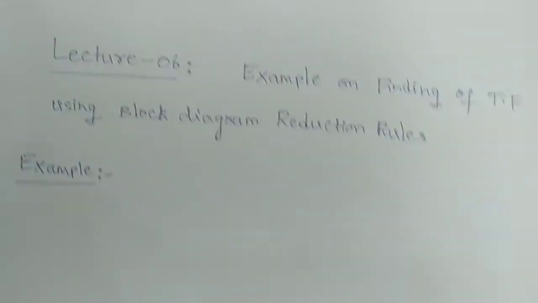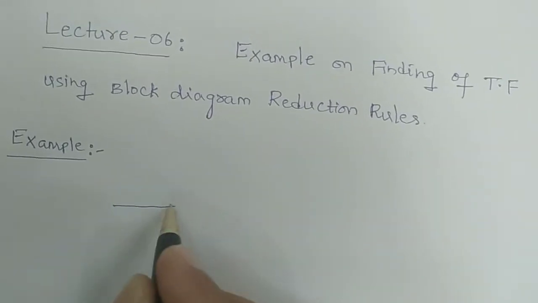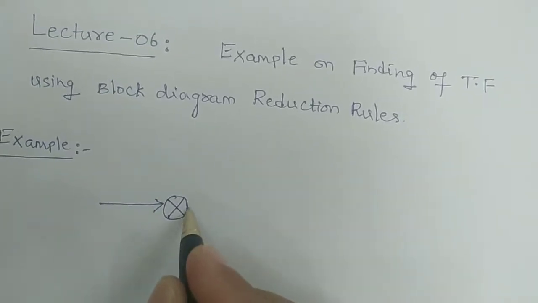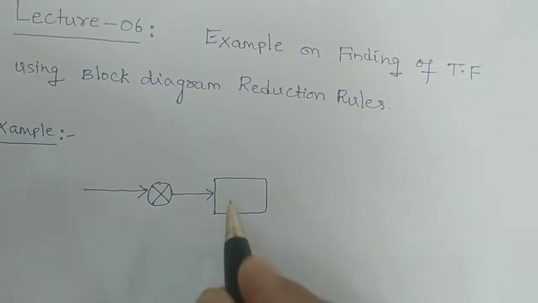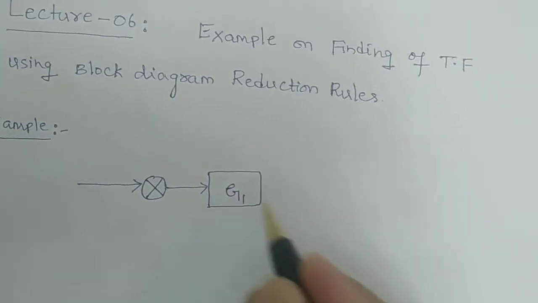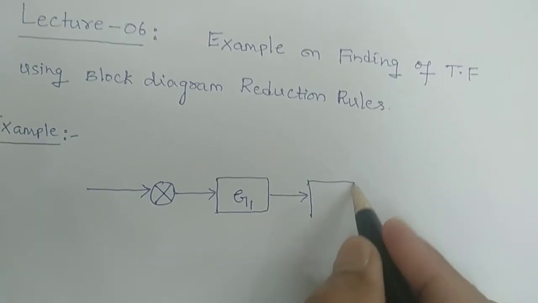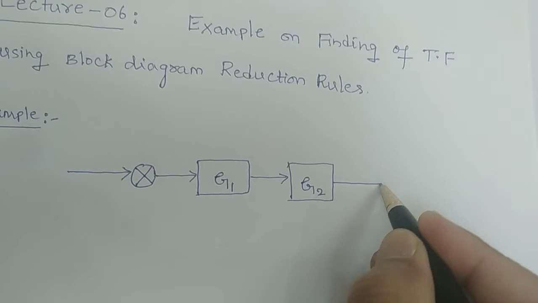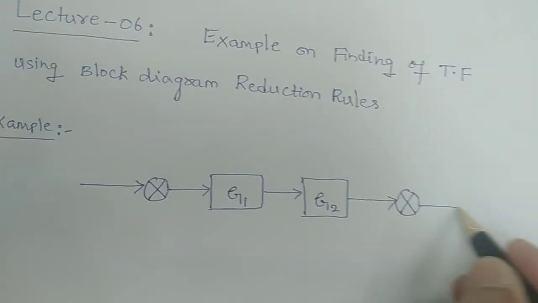Let us see. In this example we have a summer point followed by G1, and then G2, and then another summing point.